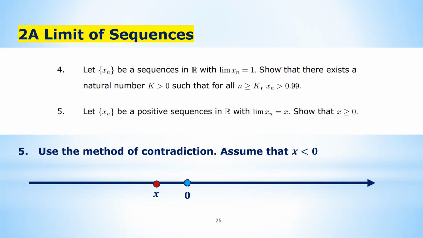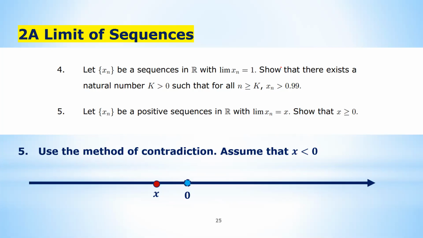The assumption is every xn is on the right side, while the limit is on the left side. If you can show that some of the terms will also be on the left side, that will contradict the assumption. The easy way is to observe that between x and 0 there's a gap. Choose an epsilon smaller than this gap, then apply the epsilon argument.